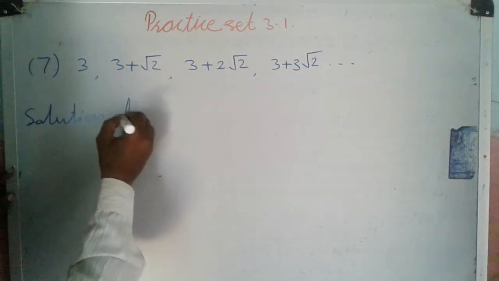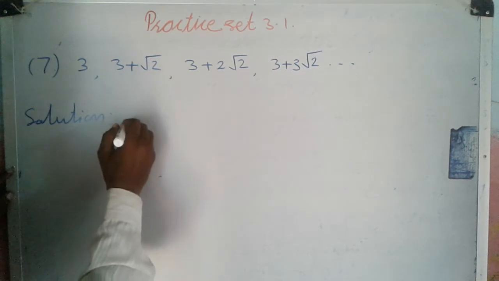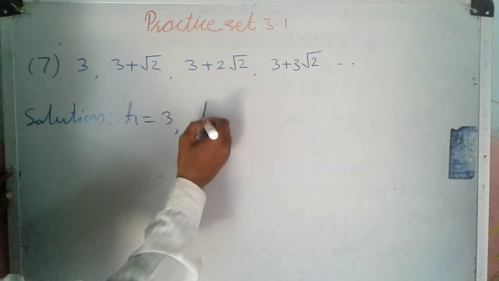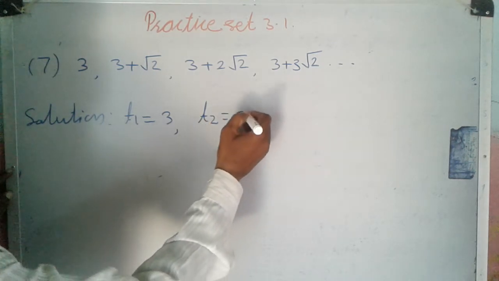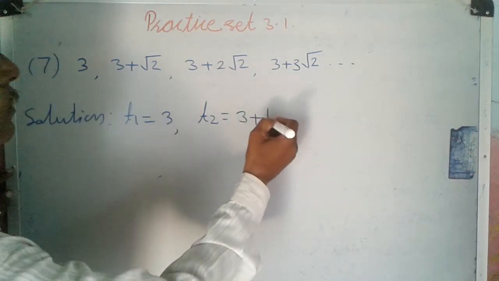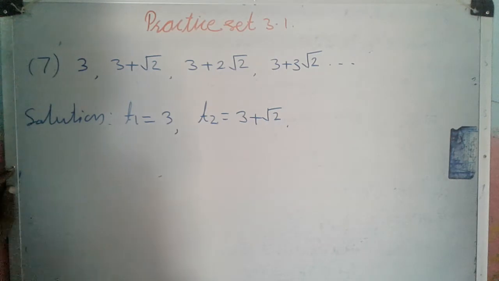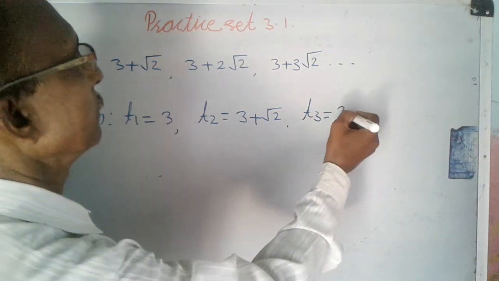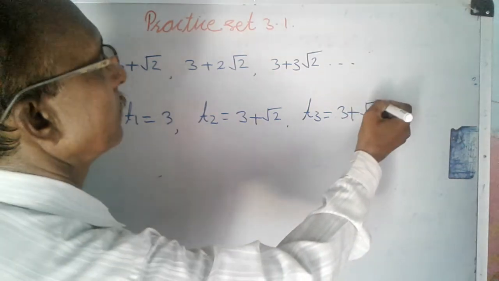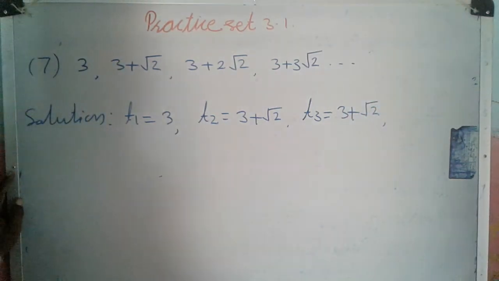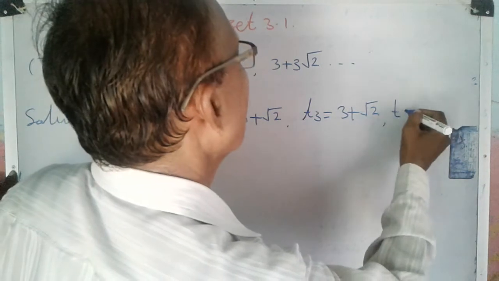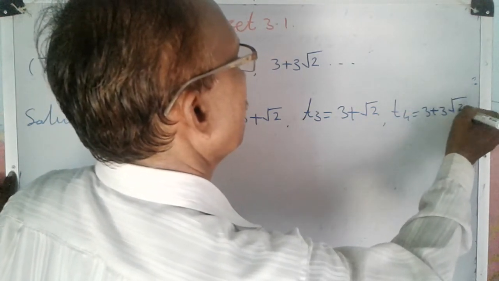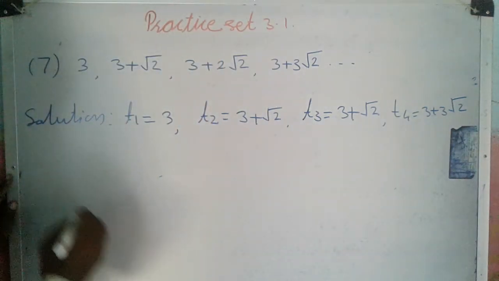Here T1, first term, 3. Second term T2 is equal to 3 plus root 2. Third term T3. And fourth term T4. Now difference.